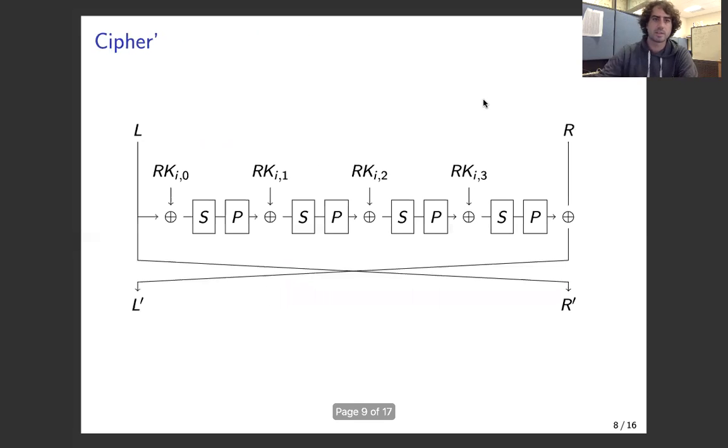Now we'll move to the second cipher, and we can see here that what we basically did was squish 4 rounds, or 4 of these SP layers, into 1 round. We did that to reduce the number of rounds and to keep the resources the same as the previous cipher, and as we will see, the security is also quite similar to the previous cipher.